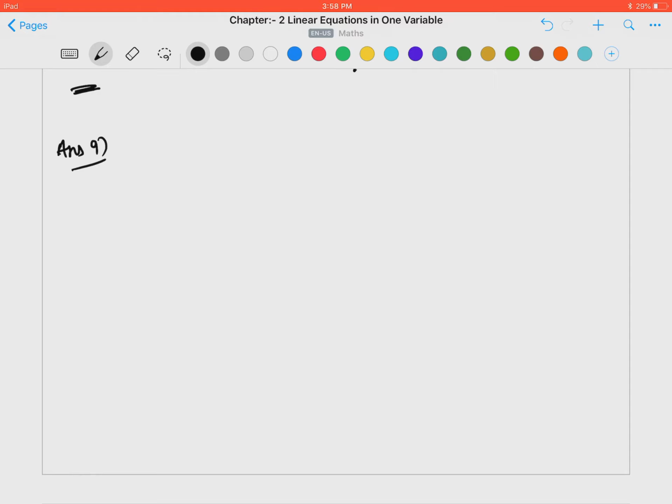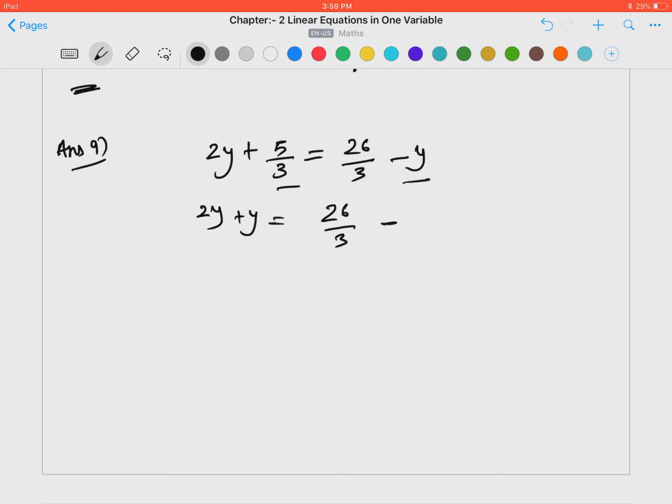So the next question is 9. We have the equation 2y plus 5 by 3 equals 26 by 3 minus y. So keeping this 2y here, this minus y will become plus y, equals, we have 26 by 3, this plus 5 by 3 will become minus 5 by 3.